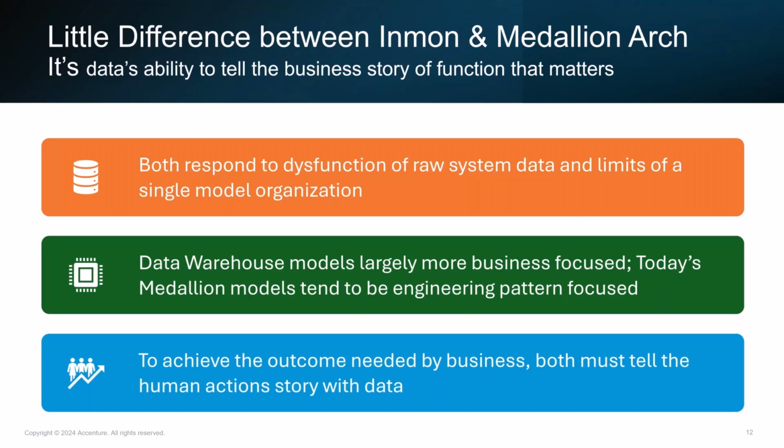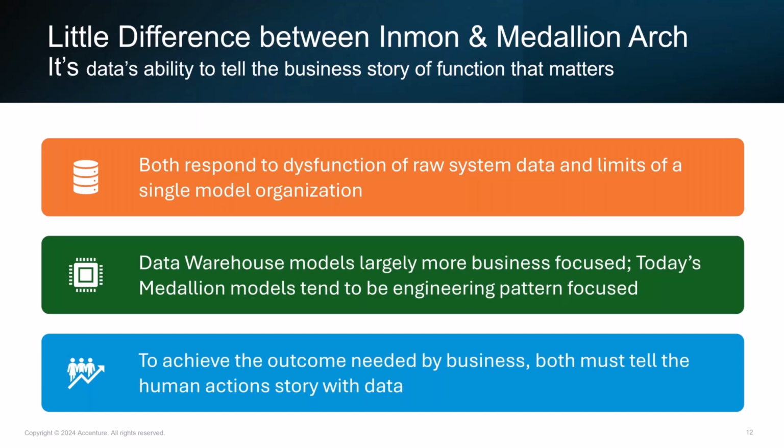So there are a few differences potentially. When I used to practice data warehousing, we had a transient staging area, whereas the medallion architecture is part of a data lake house, so it has this perpetual staging area called the data lake.